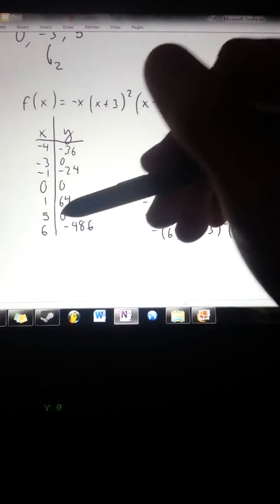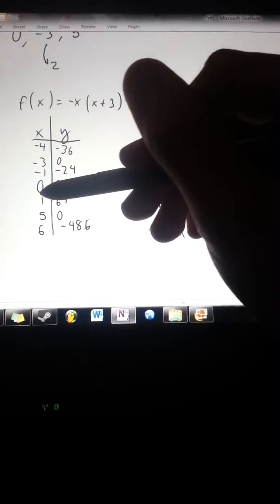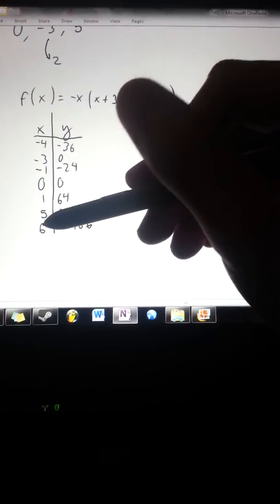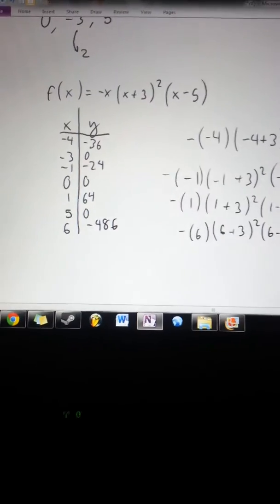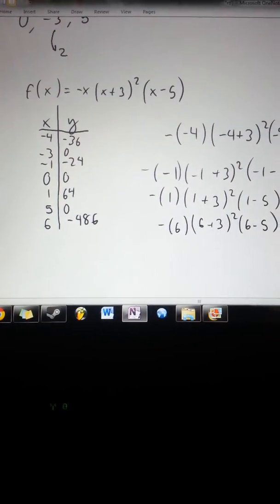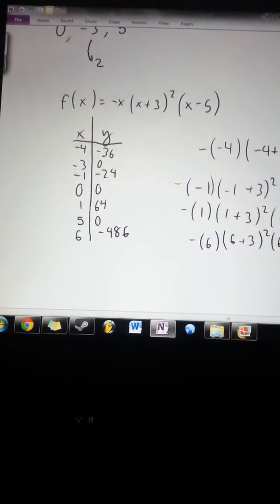So I chose negative 4, which is before negative 3, negative 1, which is on the interval between negative 3 and 0, 1, which is on the interval between 0 and 5, and then 6, which is after 5, the greatest zero.